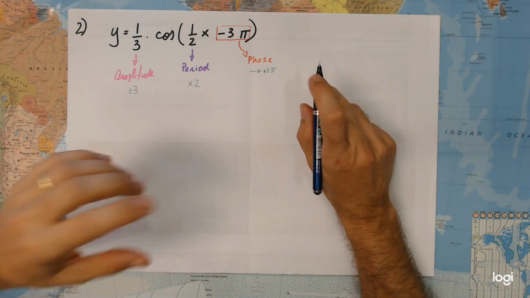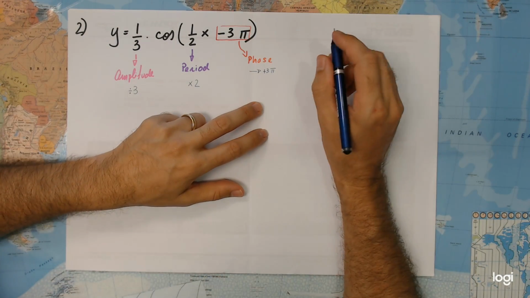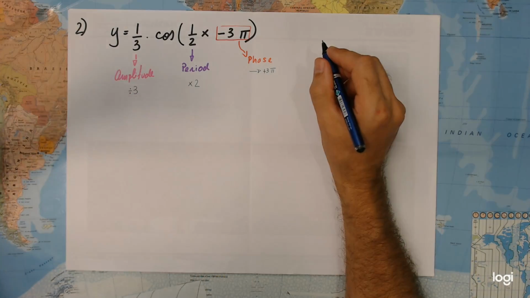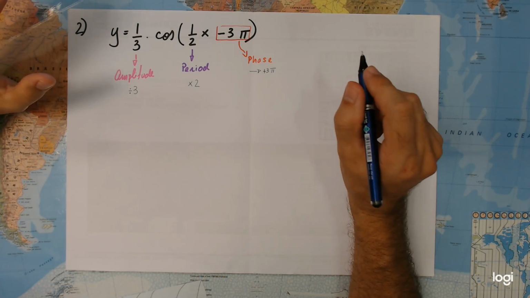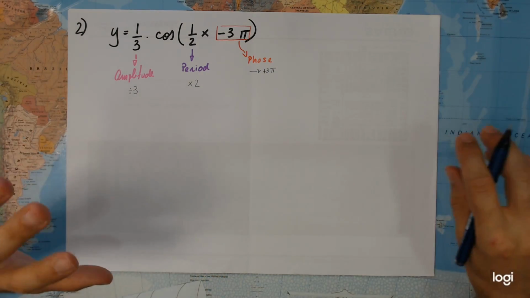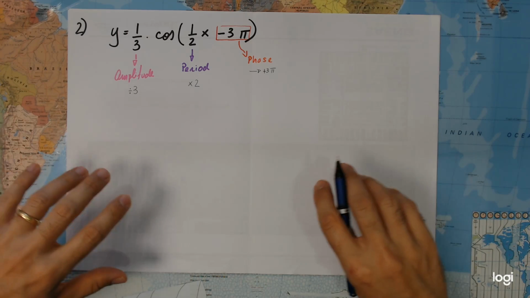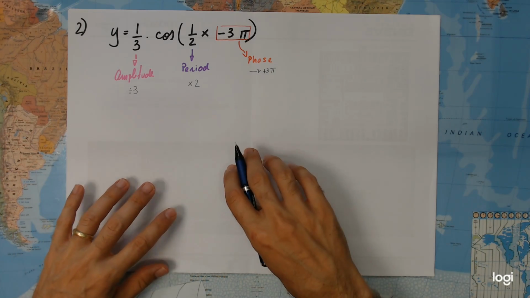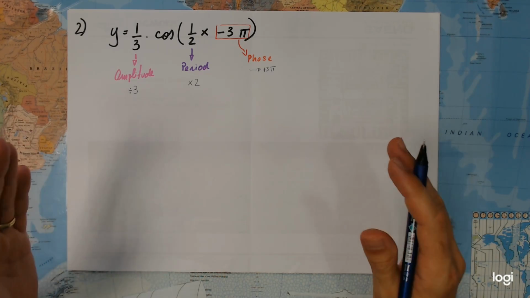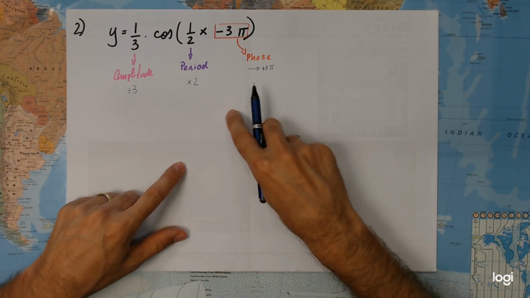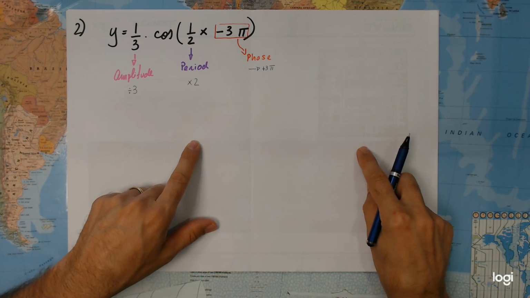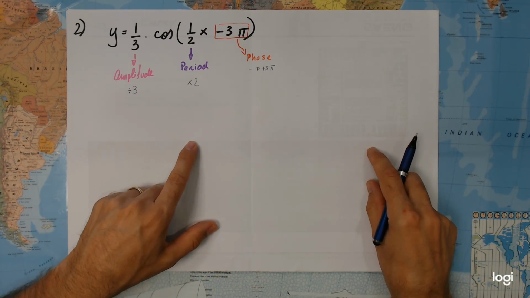Now, we don't have to think about 3 pi in here. Let's make it clearer. We know that for sine and cosine, every time we shift the phase by 2 pi, nothing changes, because we are shifting the curve by the same amount as its period.